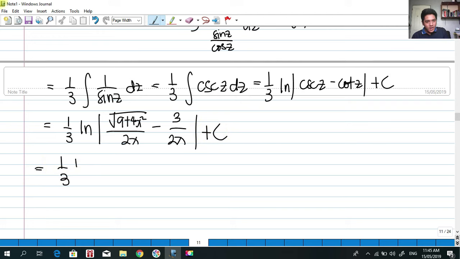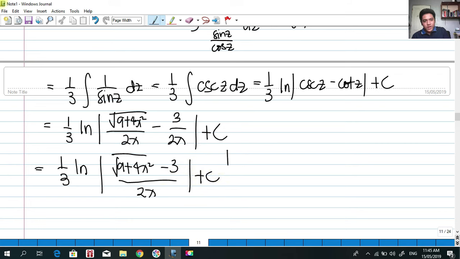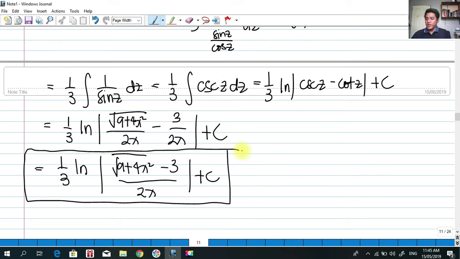Let me just rewrite: 1/3 ln of the absolute value of square root of 9 plus 4x squared over 2x, minus 3 over 2x, plus c. And this shall be our final answer for the integral.